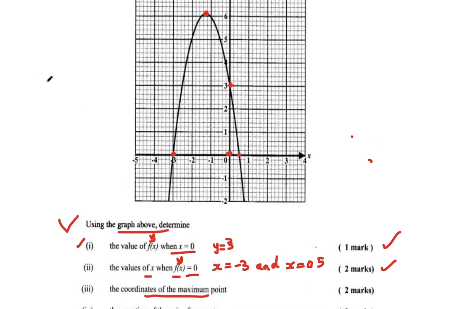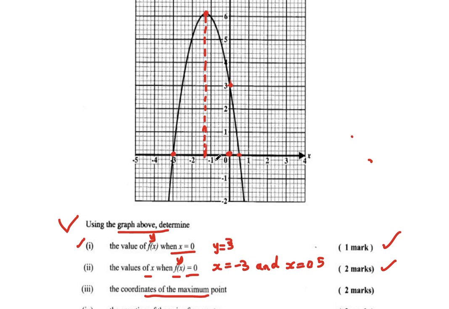To identify the maximum point here, I go to the x-coordinate and y-coordinate that corresponds to this point. So let's go down from that maximum point to locate the x value. Let's keep the line as straight as possible. And we realize that the maximum point corresponds to this x value right here.